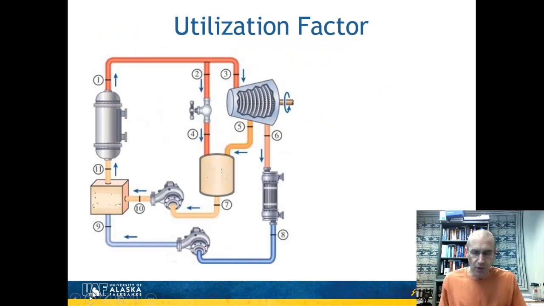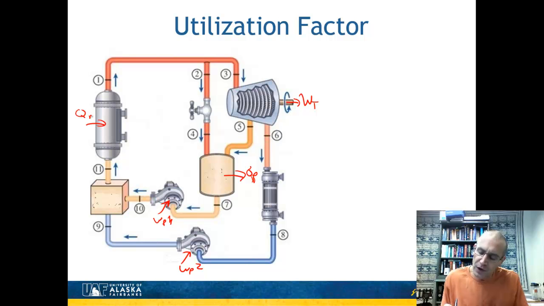Next thing I want to talk about is something called the utilization factor. So again, I'll return to this cogeneration plant where I have my process heater here, Q sub P. The turbine is generating some work, called that WT. The pumps are requiring some work, WP1, WP2, and we have a heat input right over there, Q in, and our condenser, so we have Q out over there.